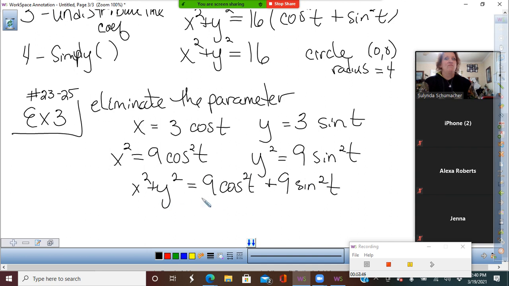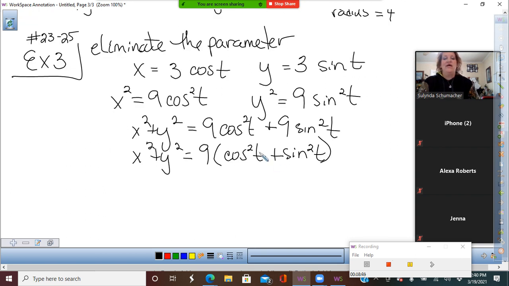Then we undistribute the 9. x squared plus y squared equals 9 times cosine squared t plus sine squared t, which again we know is 1. So we just end up with x squared plus y squared equals 9, which again is a circle.